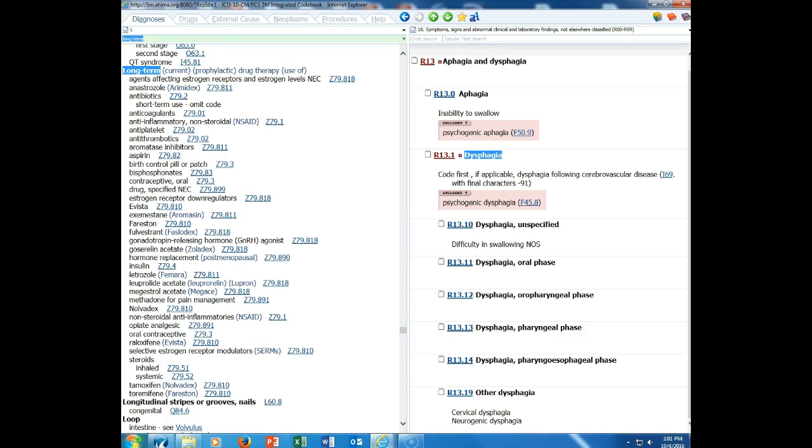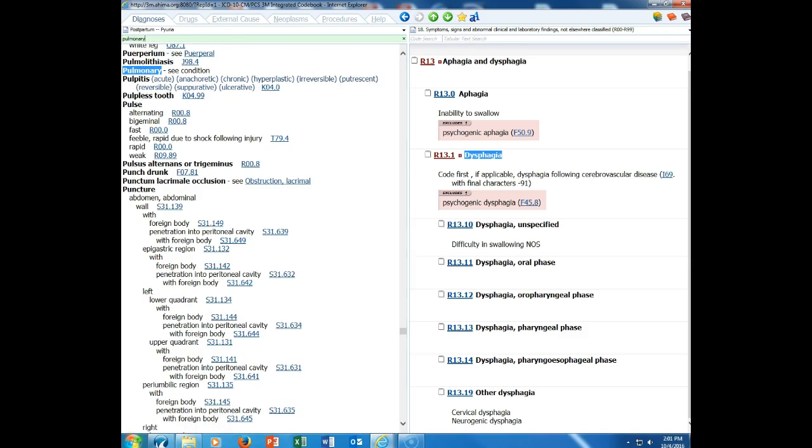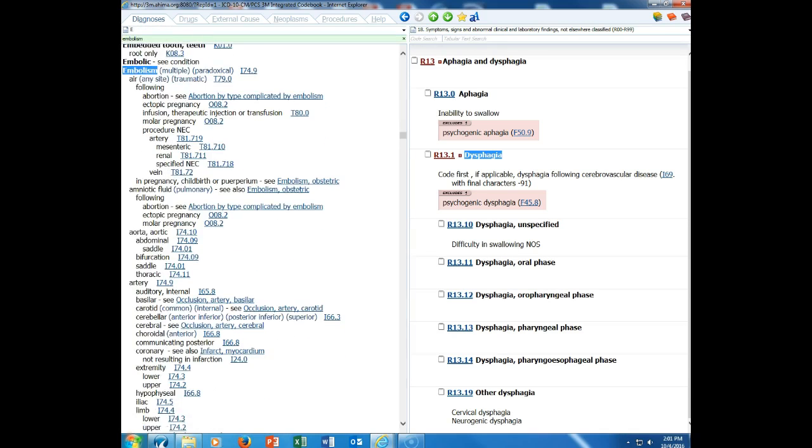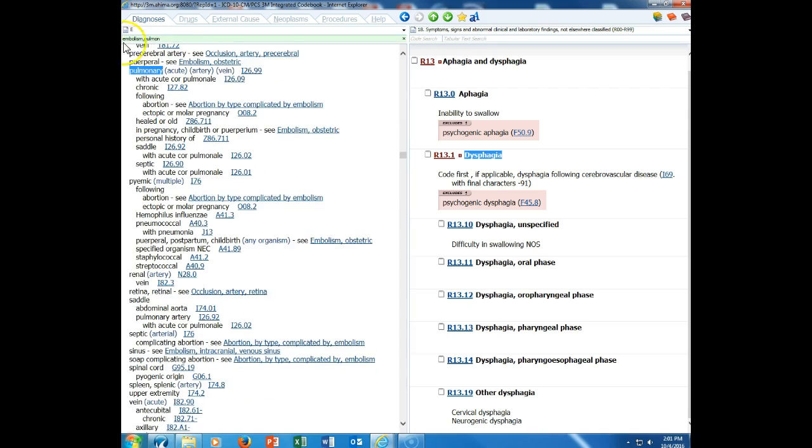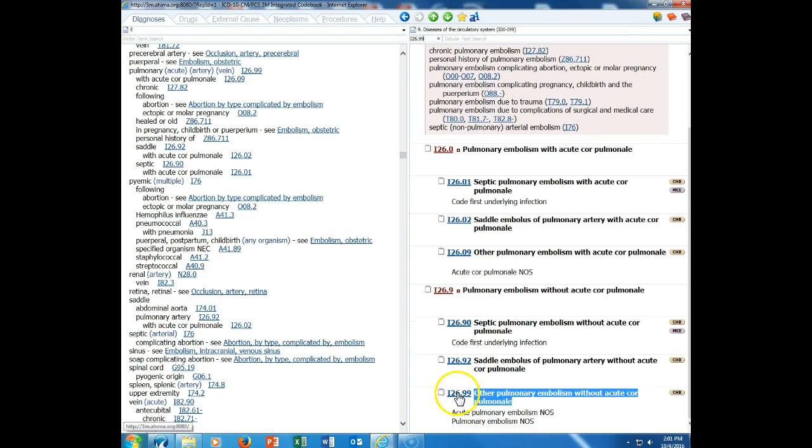If you did not, I still gave you credit for it. I26.99, and this should have been the code that was sequenced first. So the pulmonary embolism was sequenced first.